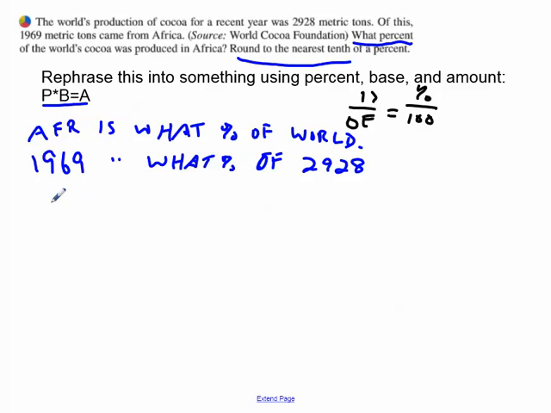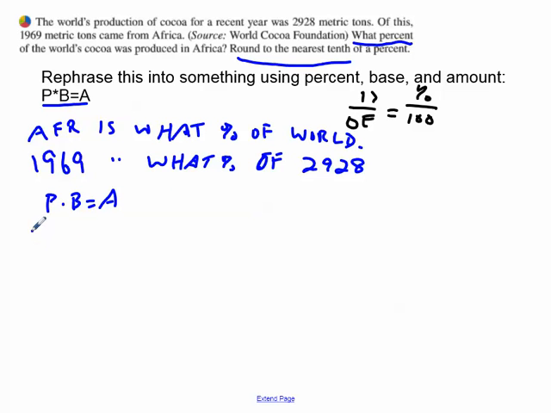Let's use the PBA and see what we can come up with. P times B equals A. Percent times the base equals an amount. Of 2928, that's my base. What percent? We don't know.